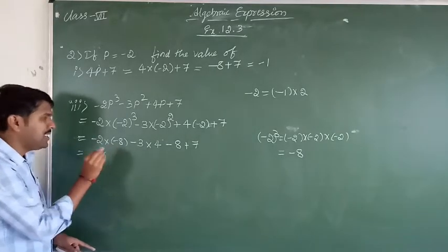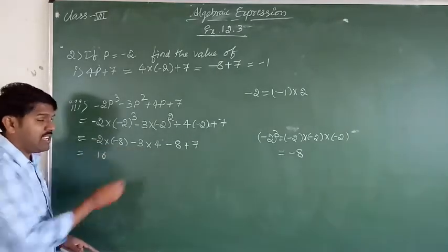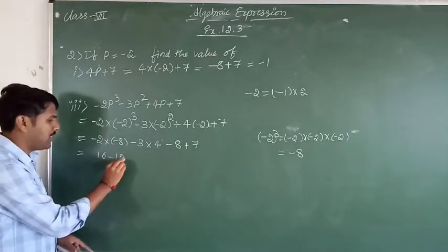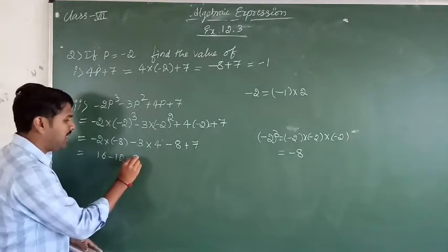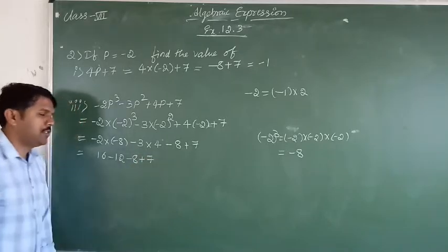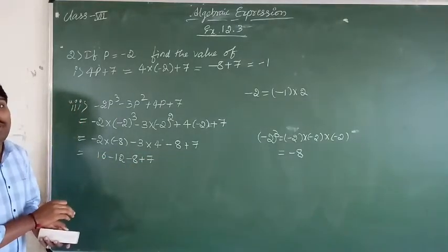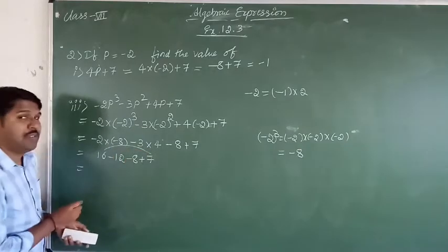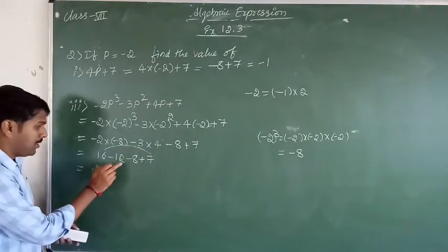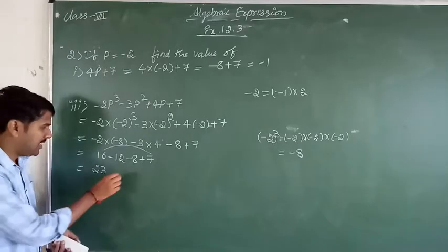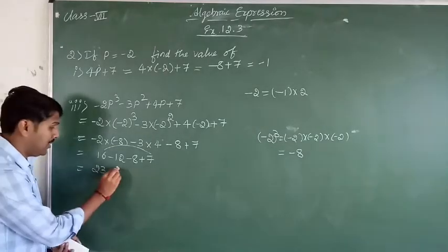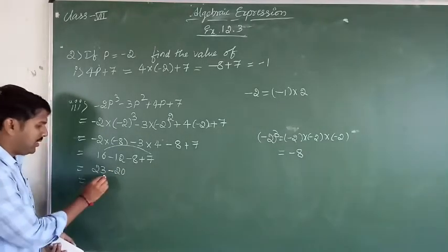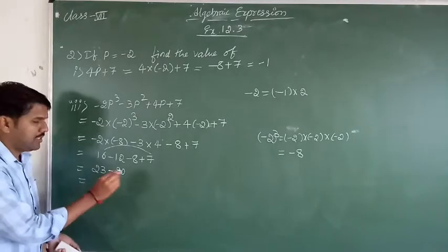So the answer is 16. 3 4s are 12, that is minus 12 minus 8 plus 7. So first add the positive numbers and the negative numbers also. 16 plus 7 is 23. Here the numbers have the same sign, just add them and keep the sign: 20. 23 minus 20, the answer is 3.